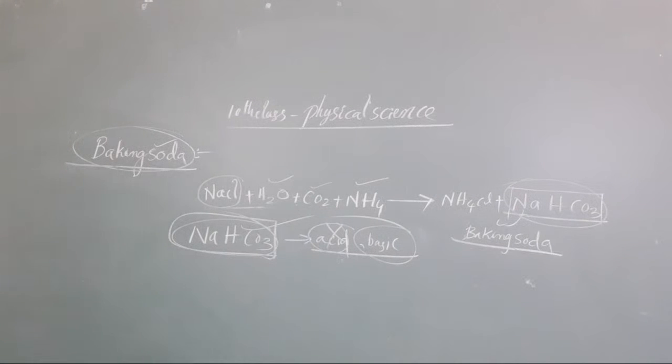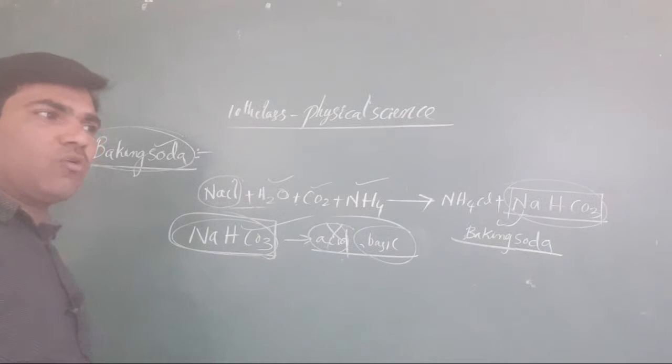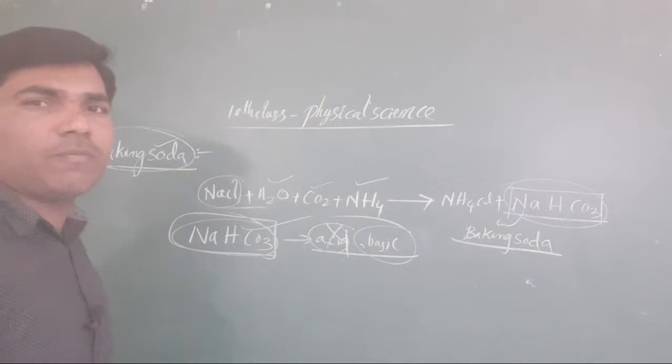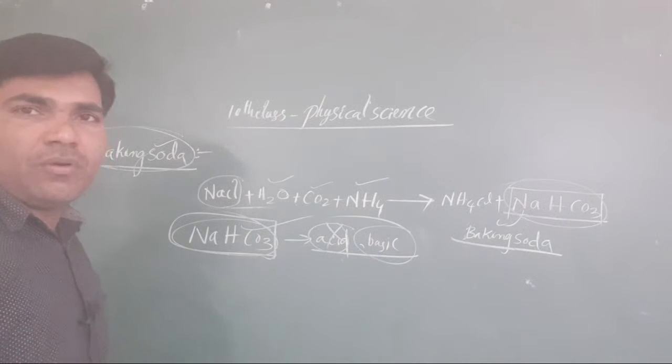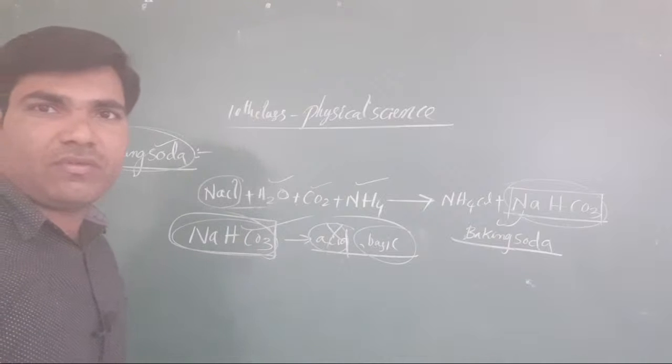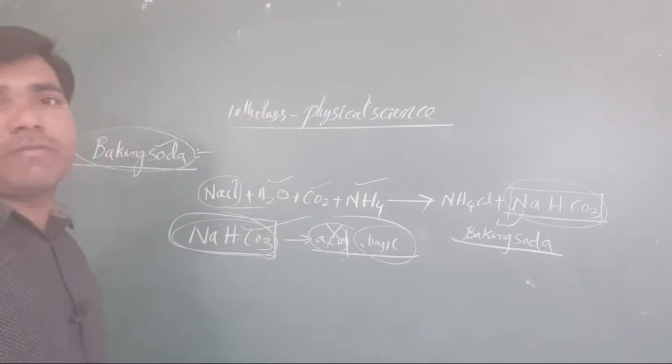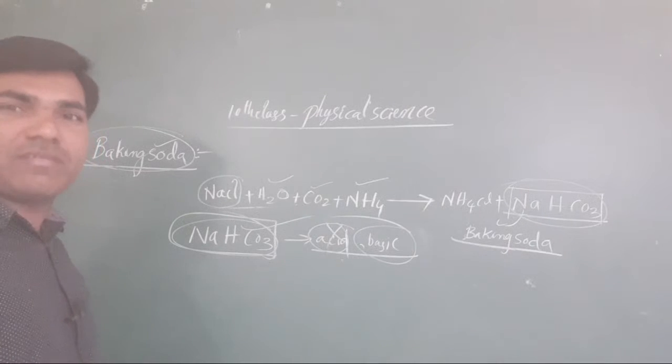Now it is used in so many ways, especially in our homes regularly for fast cooking purposes. Okay, clear or not, all the students? It is used as a reagent for cooking, indirectly.